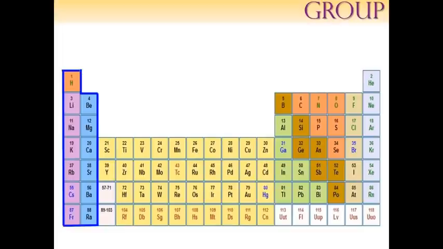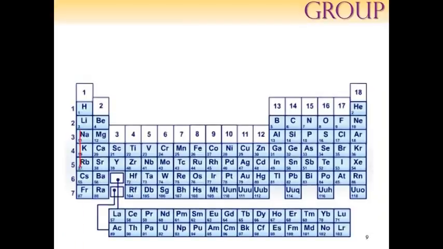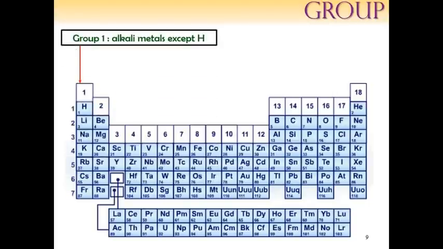These are the groups in the periodic table. We have group 1 and 2, group 13 to 18, and group 3 to 12. Elements in group 1 are known as alkali metals, except for hydrogen.